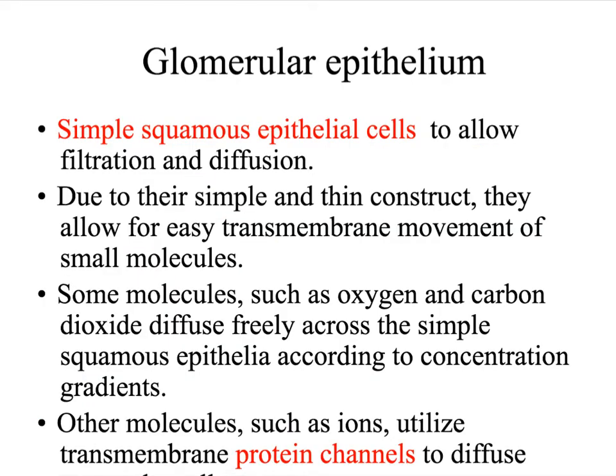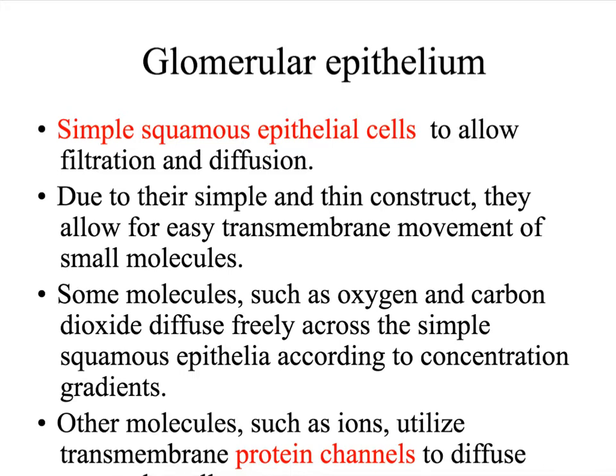Glomerular epithelium is going to be composed of these very thin, flat, irregular cells known as simple squamous epithelium. So you're going to have a couple of different layers. We talked about parietal versus visceral when we had early chapters talking about serous membranes. You have a parietal layer, which is going to be the same thing as the capsular epithelium.